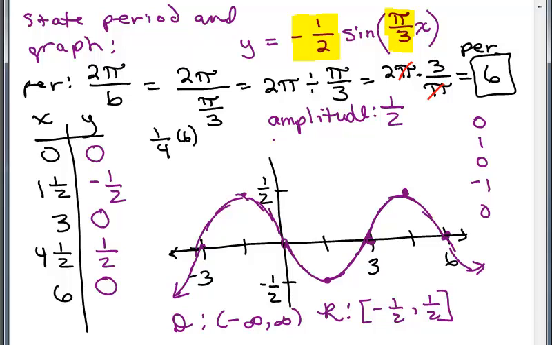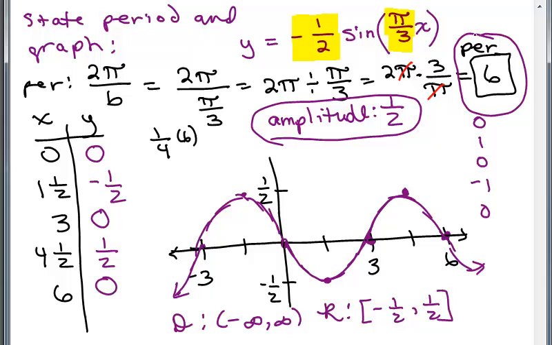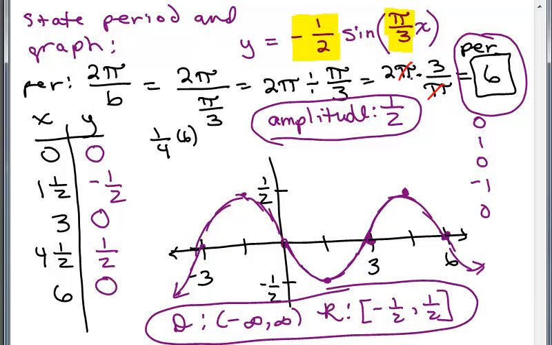Then I've got my amplitude, which I already stated was right here. I stated my period. So I've got my domain, my range, my amplitude, my period. There was no vertical shift here. It wasn't going up any. There was no phase shift. It didn't move left or right. That could happen in more complicated problems. And we have the graph of it.